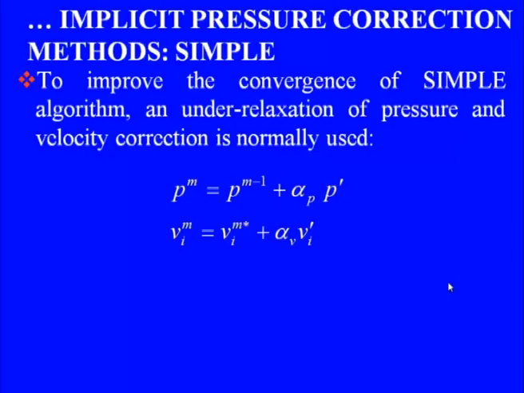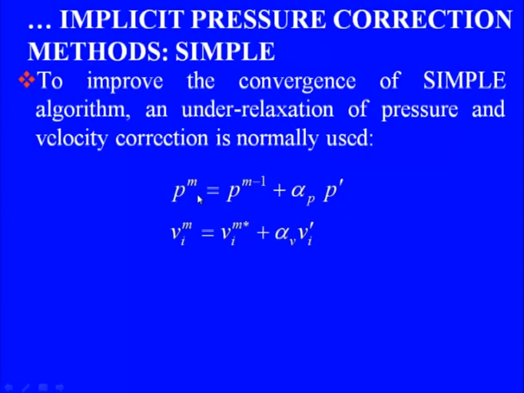Now, we have ignored one term which was not known, and that leads to a slow convergence of SIMPLE iterations. So, what Patankar noted is that to improve the convergence, we must use under relaxation for pressure and velocity corrections. We will not add the total value of P prime and V prime which we calculate; we would instead weight them by a small factor that is less than 1.